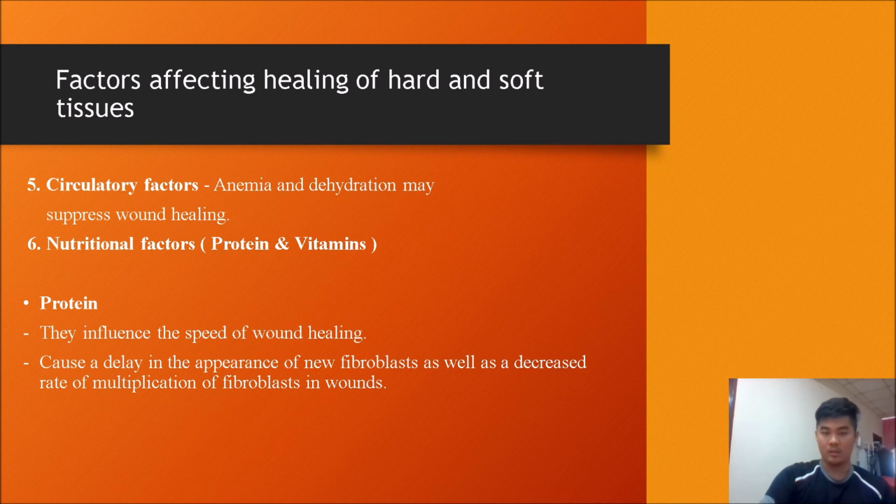That's why these resources are going to make a difference in wound healing. So I will start with protein first. They influence the speed of wound healing, and when there is a deficiency of protein, it is going to cause a delay in the formation of new fibroblasts as well as a decrease in fibroblast multiplication over the wound site.